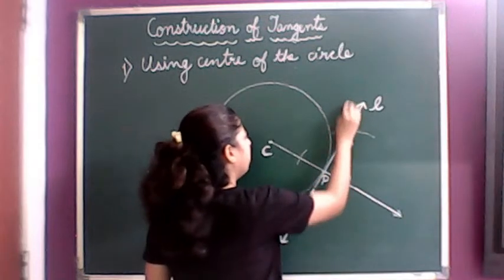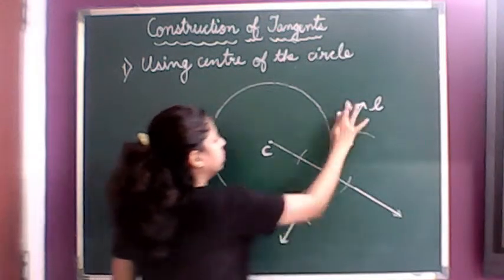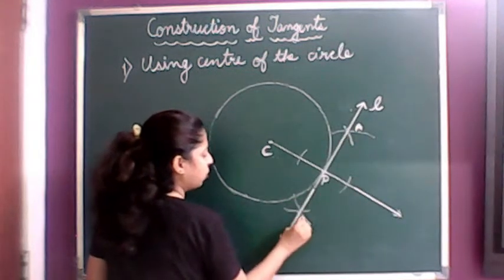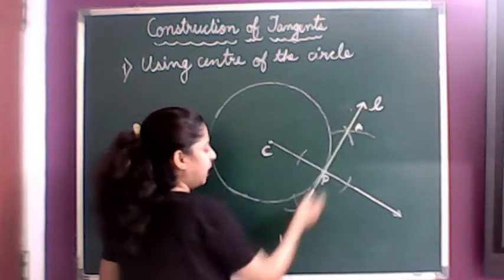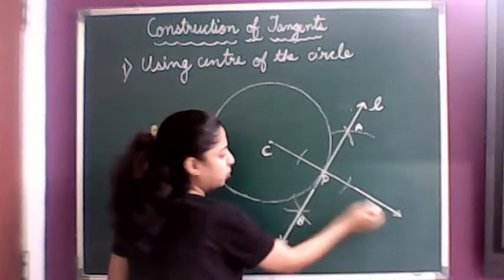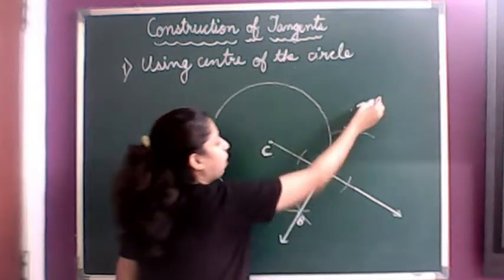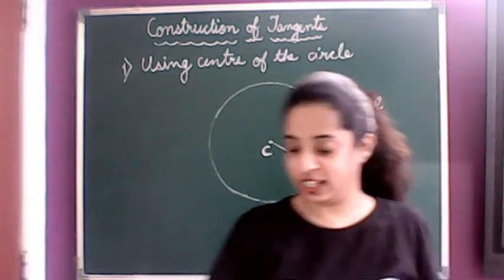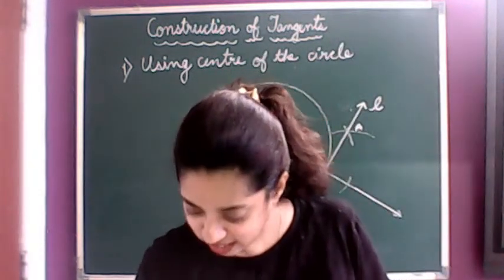You can name it A and B as well, anything. If you name this point A and this point B, you can say line segment AB is a tangent to this circle with center C, or line L is the required tangent to the circle with center C. Is it clear to you guys?